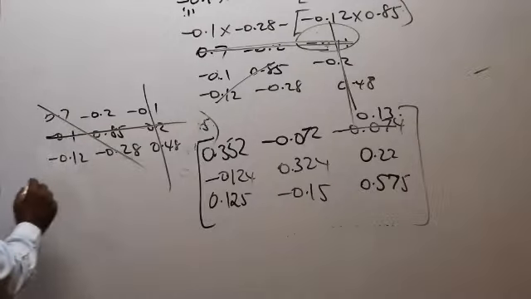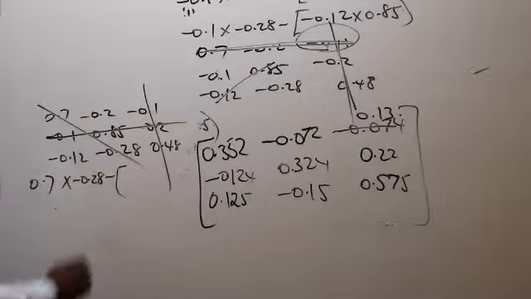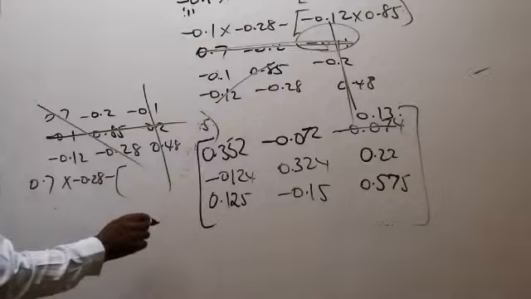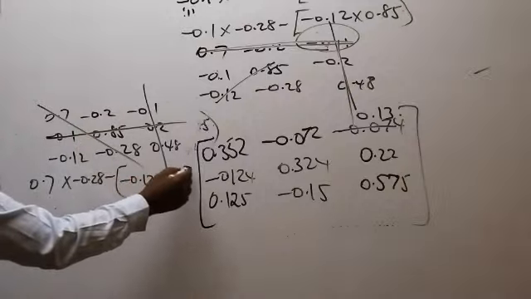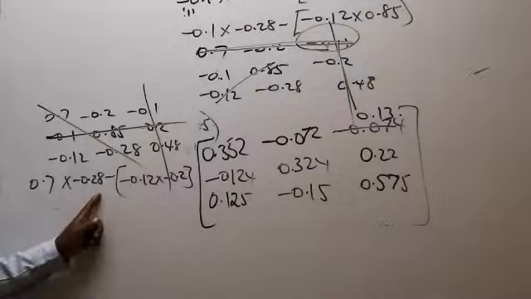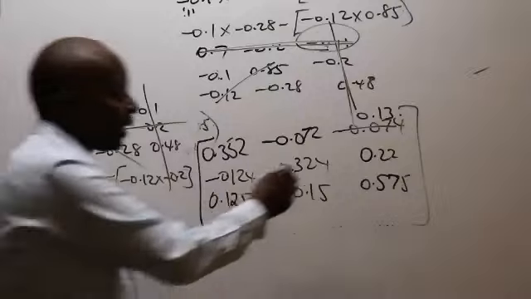What do we have here as the PPD? It is 0.7 times minus 0.8, minus, open brackets. If this is the primary, the secondary will be the other one: minus 0.12 times minus 0.2, like that. Could you kindly confirm this figure? Somebody is giving me negative 0.22.